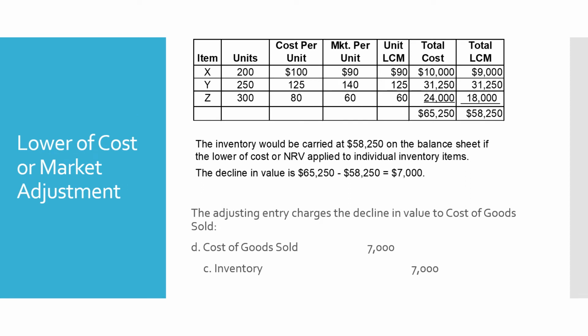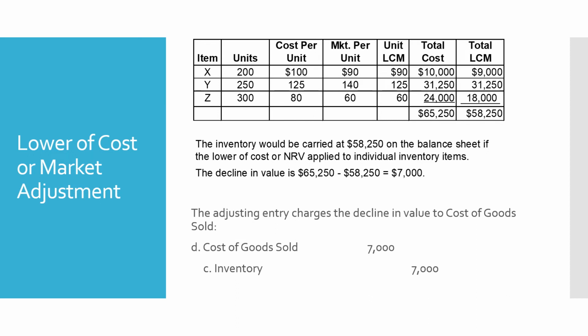So I've made a table here where I have determined the total cost and the total lower of cost or market value. So we had 200 units on hand that we paid 100 for. So the cost of the X units is 10,000. The Y units, we have 250 on hand that we paid 125 for.